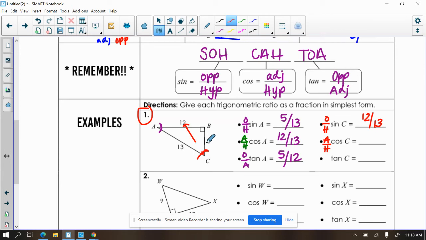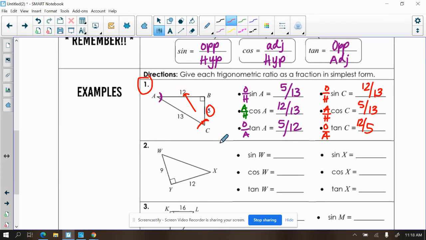So adjacent would be this one, 5 over hypotenuse, 13. And then tangent, remember, opposite over adjacent, 12 over 5. Okay, if you see the pattern here, like sine, cosine, tangent of A is all of those, and then they're kind of flipped when we look at the other angle in our triangle.